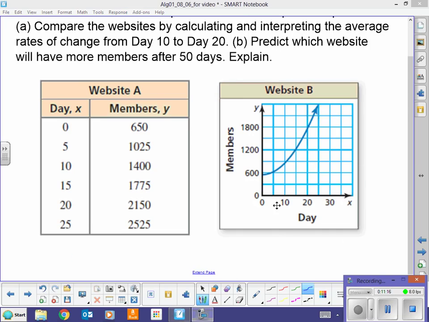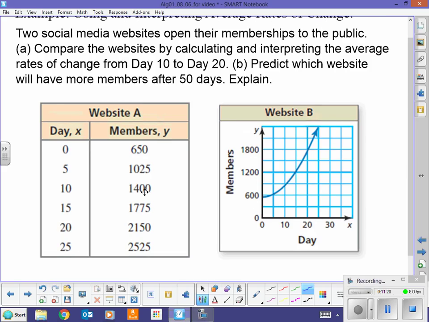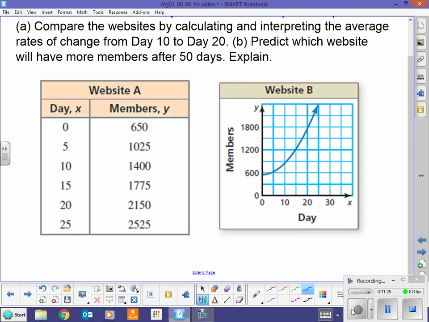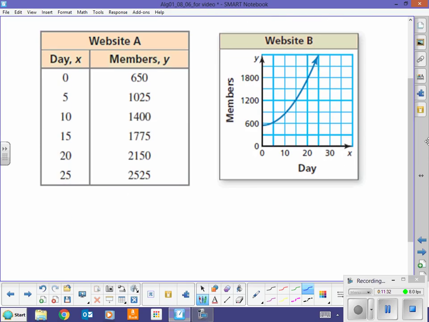Here we have a graph, and they want us to calculate the average rate of change from day 10 to day 20. When it says average rate of change, that's going to be linear, because we're just dealing with 2 points here. So from day 10 to day 20, I'm going to calculate my slope. So 2150 minus 1400, divided by 20 minus 10.